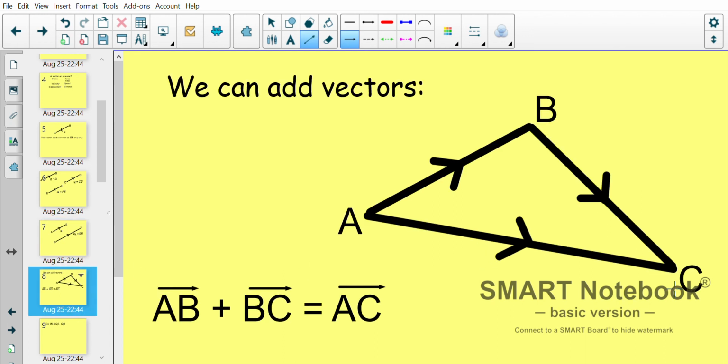Okay, so that's another little thing we can do. And the last thing is actually one of the key ideas. We can add vectors. And here's our formula. AB plus BC equals AC. What you will notice is that it does not matter where B was. What matters is where you start and where you end.